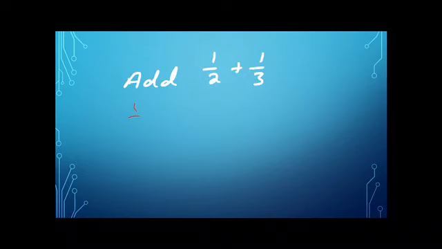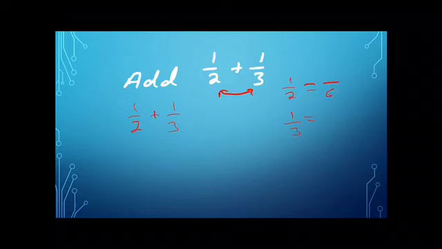This question here is 1/2 plus 1/3. We can't add a half to a third in its present form, but what we could do is recognize that the lowest common multiple of 2 and 3 is 6.